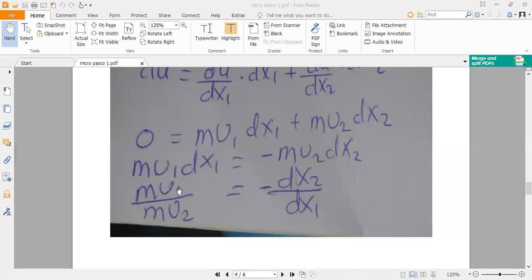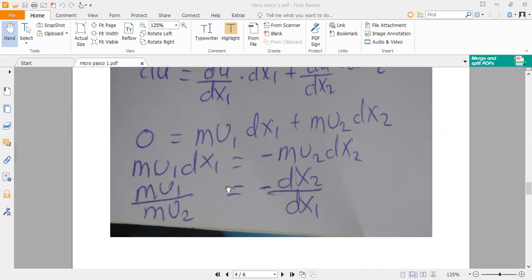So we have mu1 over mu2 equals negative the change in the second good resulting from the change in the first good. The sign is negative because of the nature of the indifference curve.